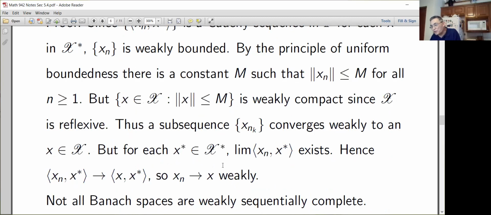That is not true for general Banach spaces, i.e., not all Banach spaces are weakly sequentially complete. So we are going to see an example to illustrate this point. We stop here. We continue next time.